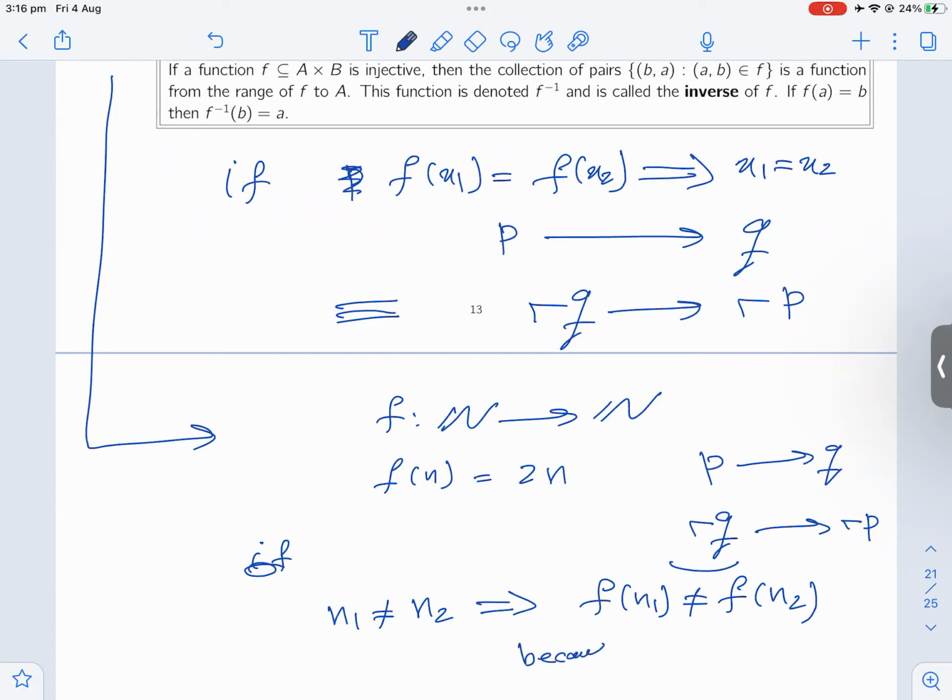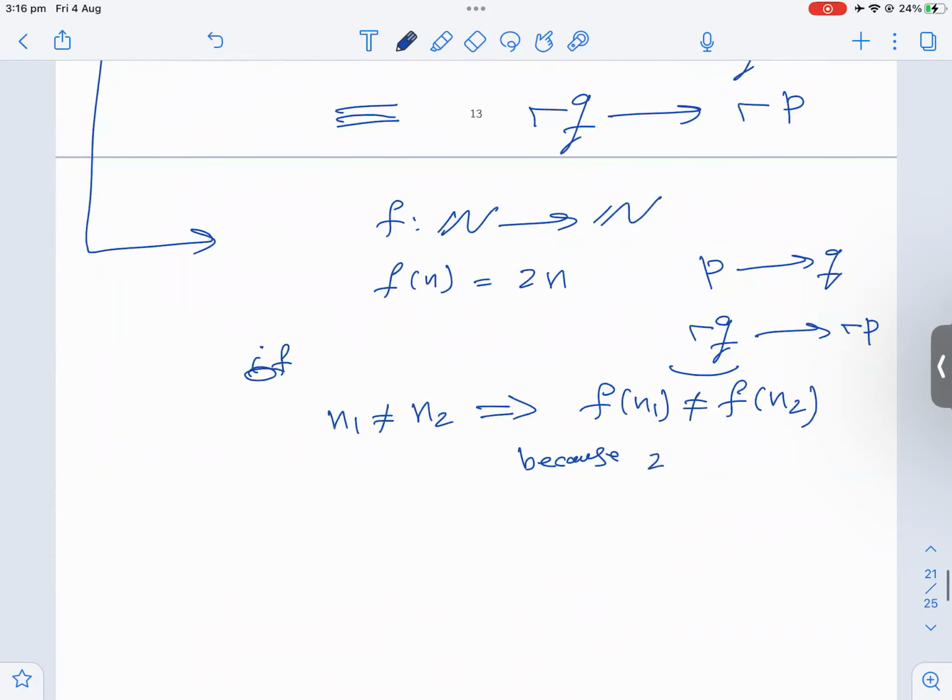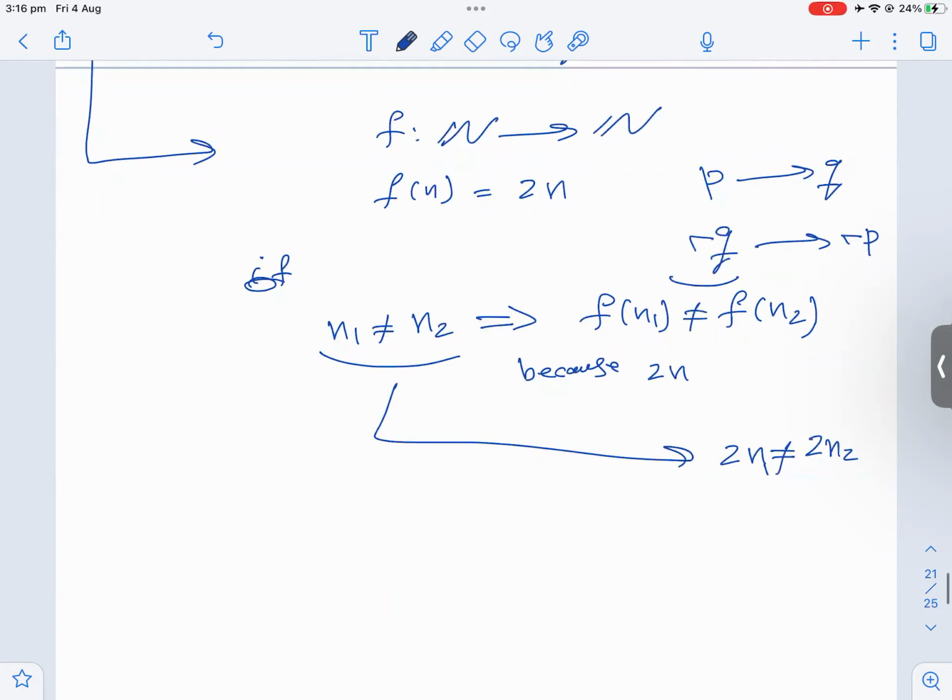Because 2N1 and 2N2, with multiplication, won't be equal. If I want to do it this way, f of n1 equals f of n2, which is equivalent to saying 2n1 equals 2n2.